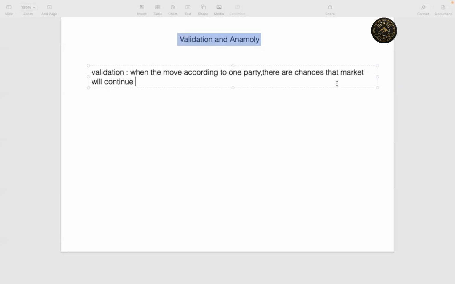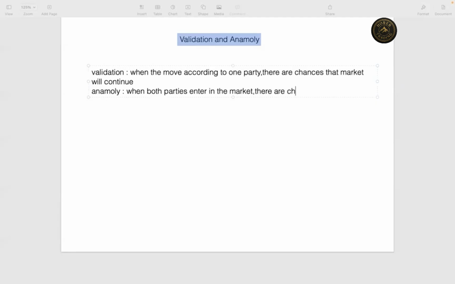And anomaly is when both parties enter in the market. Okay, sellers and buyers, they enter in the market.